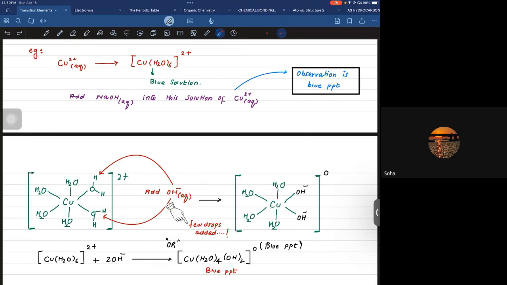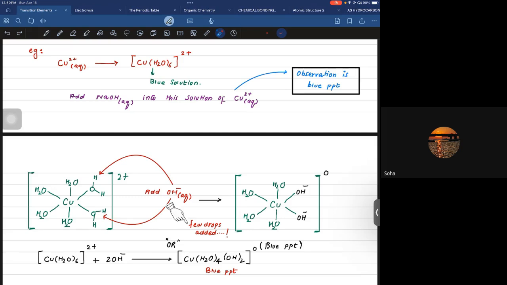Of course, I'm going to add sodium hydroxide. So this is the structure for water. Water is acting as an acid. Water is going to donate its proton.